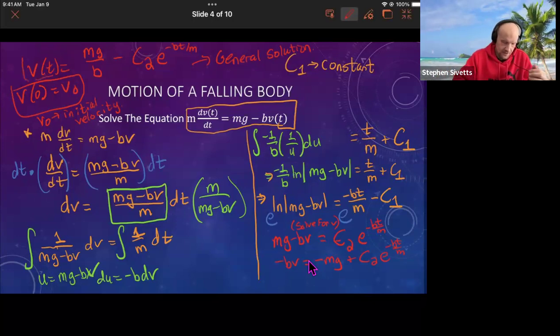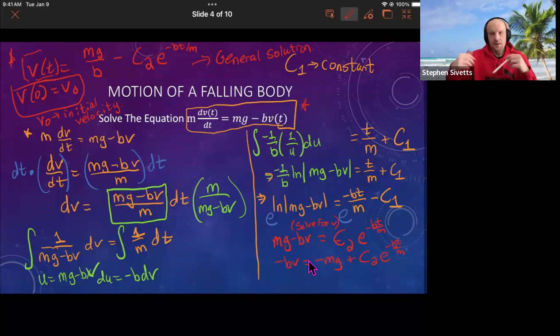So this right here is the general solution, and if you have v of 0 equals v naught, typically you'll have an initial velocity, and so you'll have this general solution for this differential equation.